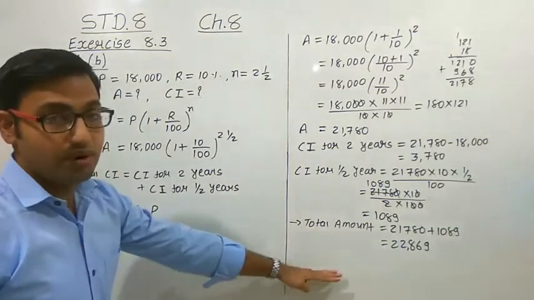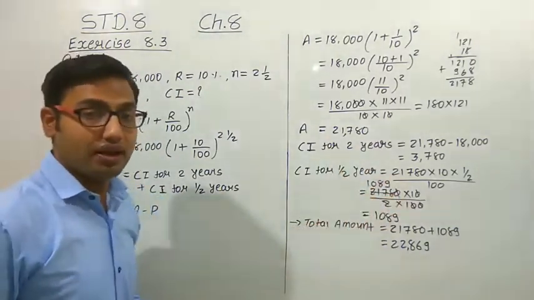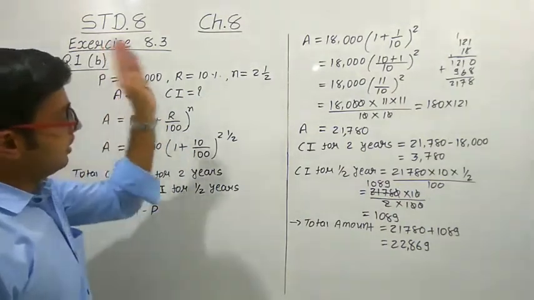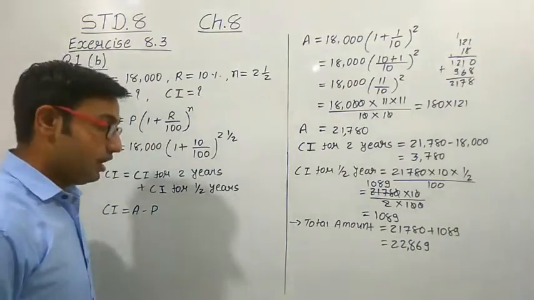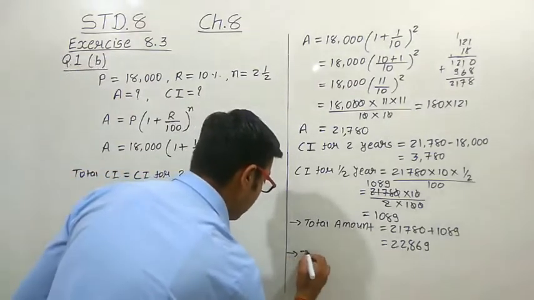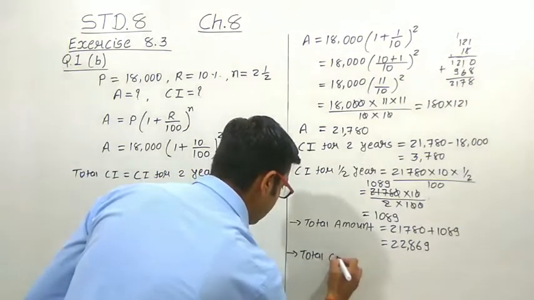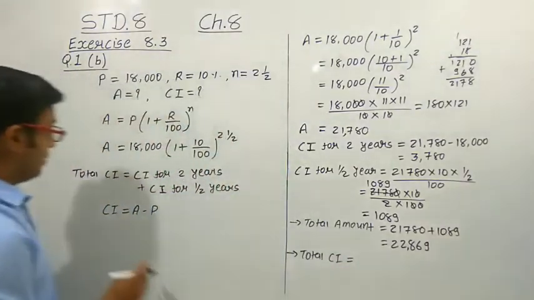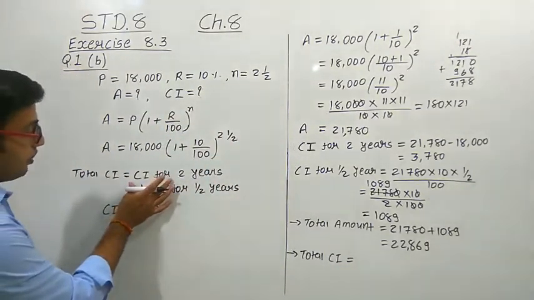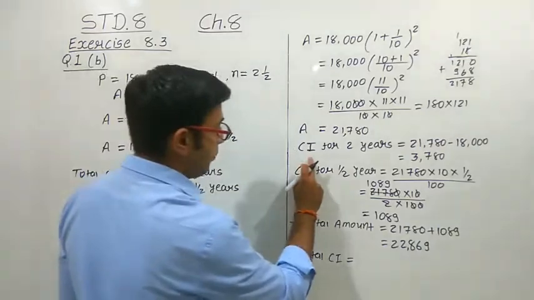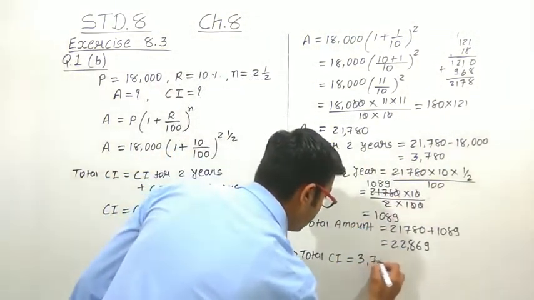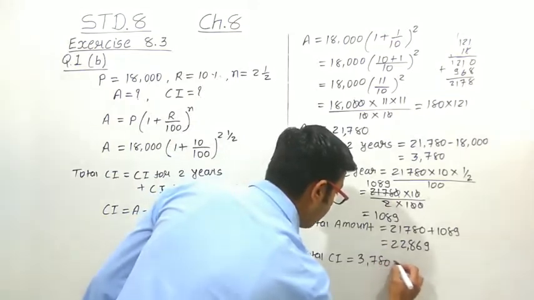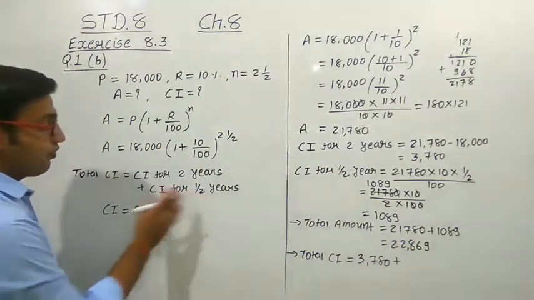Or this much of the amount we have to give back. If we borrow this much of the amount, after 2.5 years we have to give this much of the amount to the bank. Now what is the total CI? See, we have written down here total CI is the compound interest for the 2 years. So the compound interest for 2 years we got is 3,780 plus compound interest of half year.